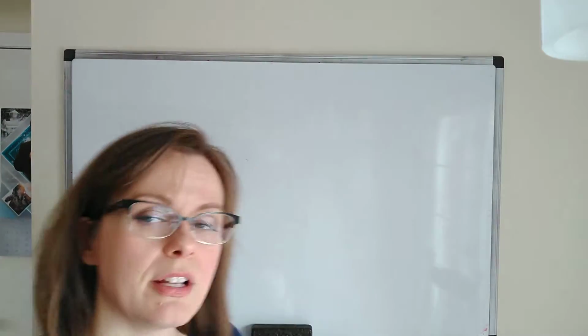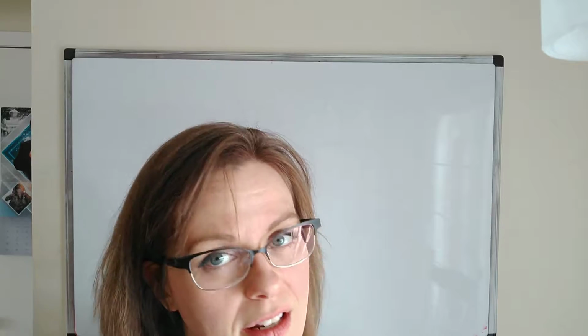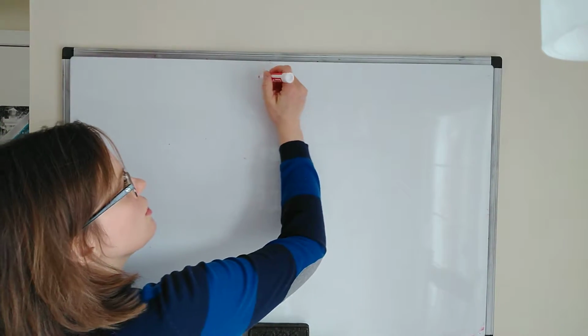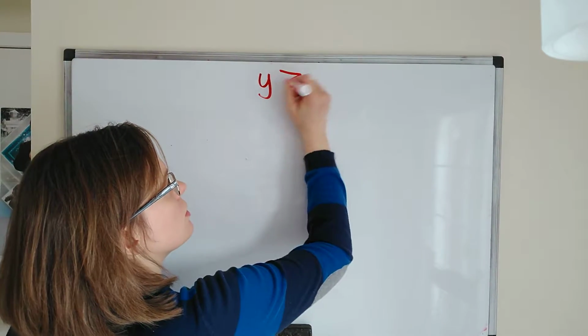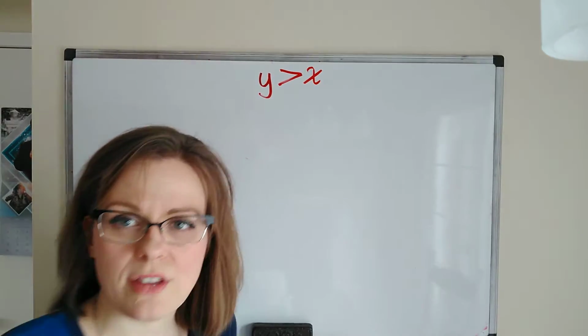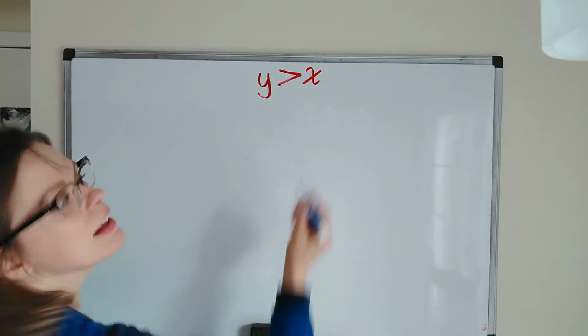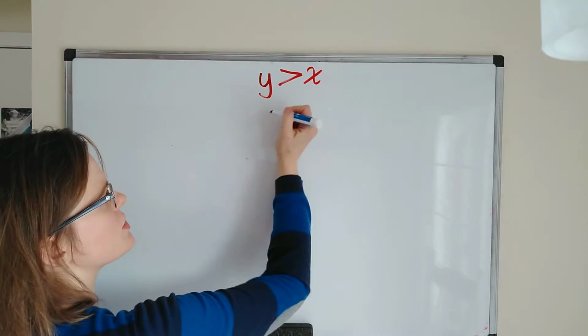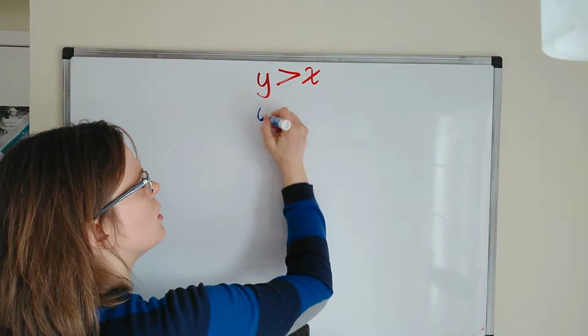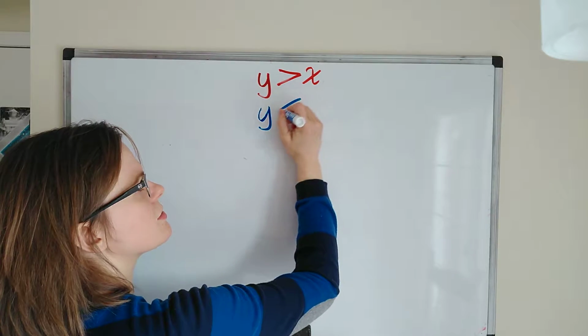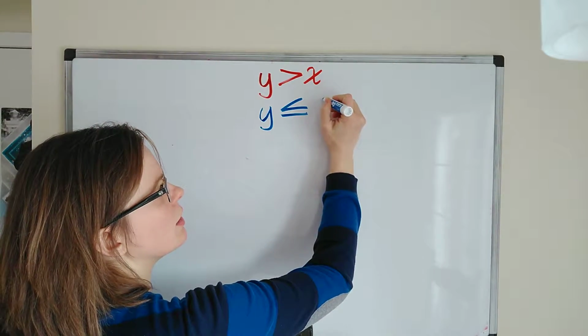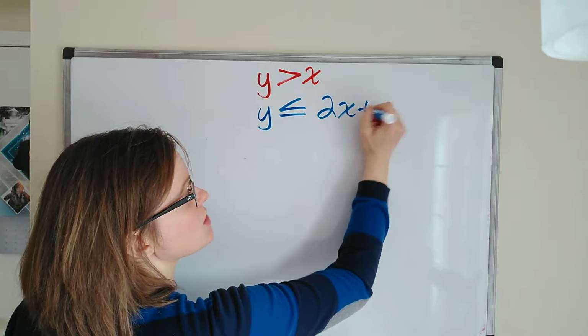So I'm going to come up with a couple of linear inequalities for us. First, I think we'll use y is greater than x. We actually saw that inequality in the last video. Then I think we'll use, I don't know, y is less than or equal to 2 times x plus 1.